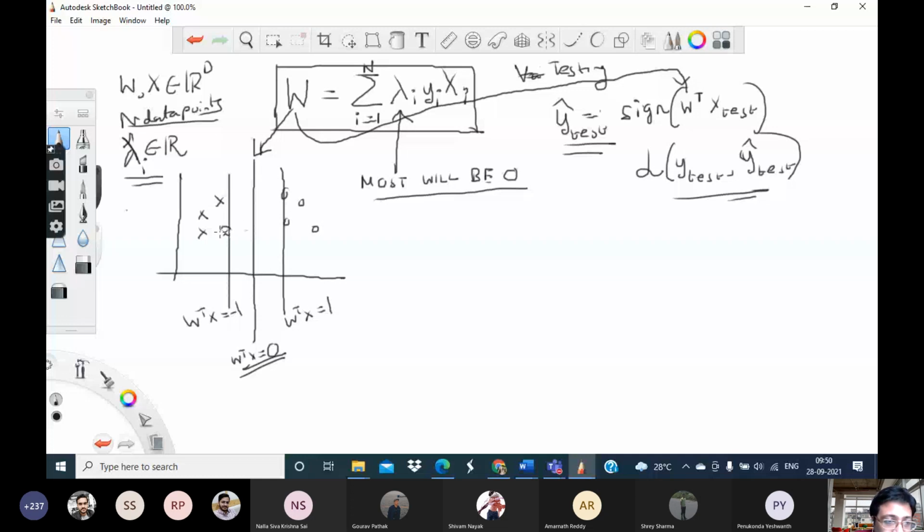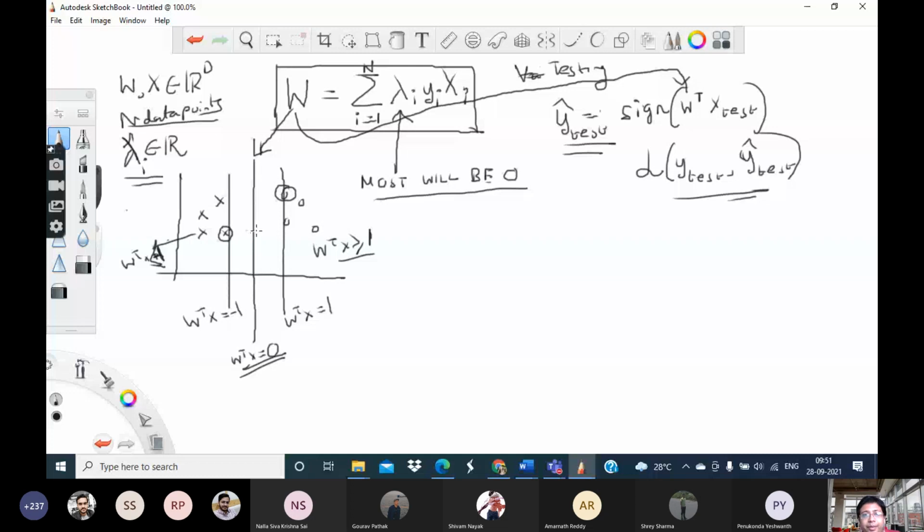Now, these points, the ones which are lying just on the margin, are the ones for which these equations are exactly satisfied. For the points on one side, W transpose X is less than or equal to -1, and for the points on the other side, W transpose X is greater than or equal to +1. But for the points lying on the margins, W transpose X equals -1 for these points, and W transpose X equals +1 for these points.